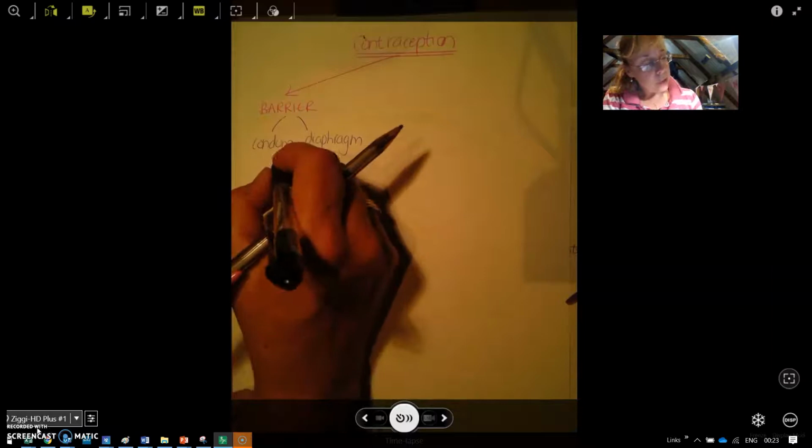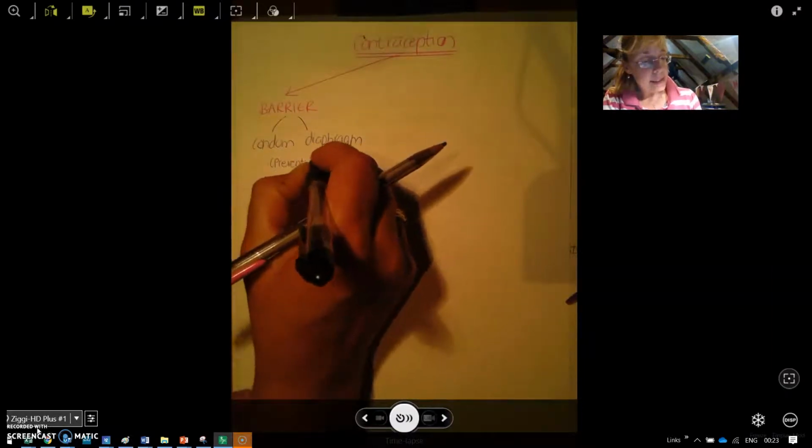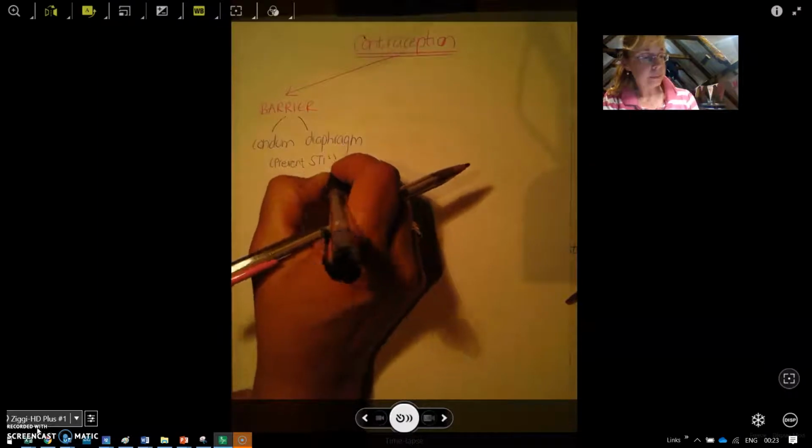Okay, and they're very good at also preventing STIs. And you can add a spermicide to that as well. The spermicide on its own doesn't work as well. It only has a 70% effectiveness.